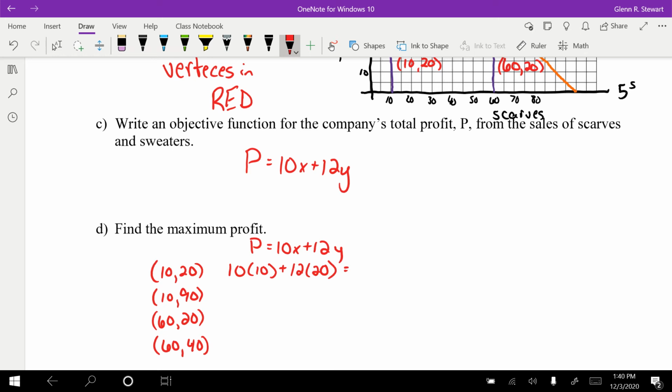That's going to give me 100 plus 240, so 340.